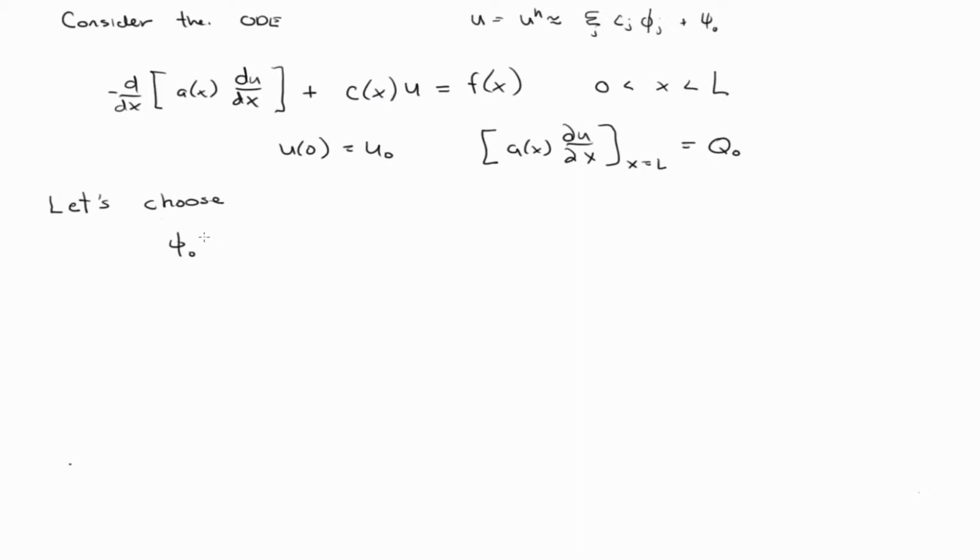So let's choose phi 0 equal to 1, phi 1 equal to x squared minus 2x, and phi 2 equal to x cubed minus 3x. So again, without stating why at this point, let's just almost arbitrarily choose them, okay?